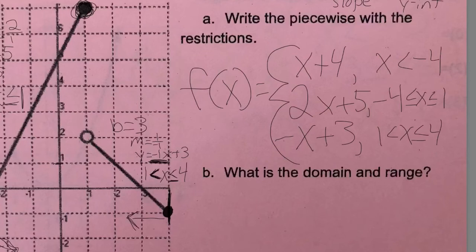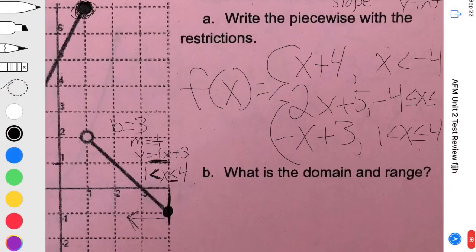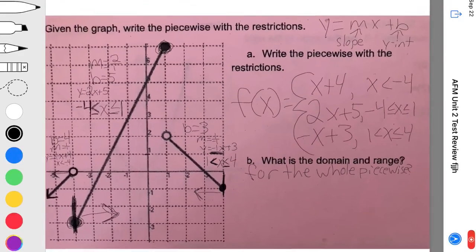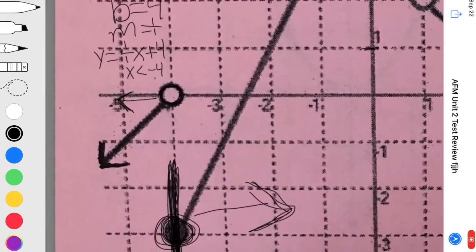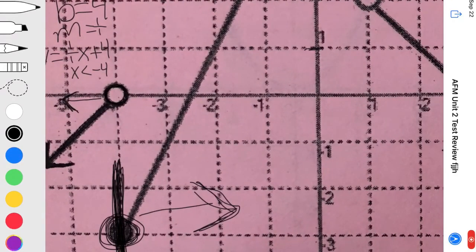So now I have to create the domain and range. And remember, it's going to be worded for the whole piecewise. So we're going to keep going to the left forever and ever and ever.